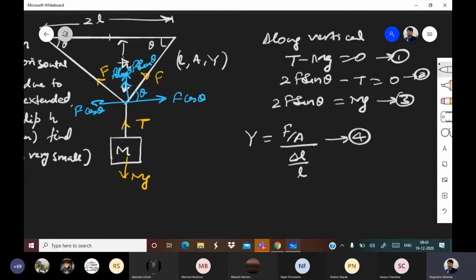If we see, everyone, please pay attention. So this distance is L. It was given in the beginning. If the dip is h, then this distance will be under root of h square plus L square.